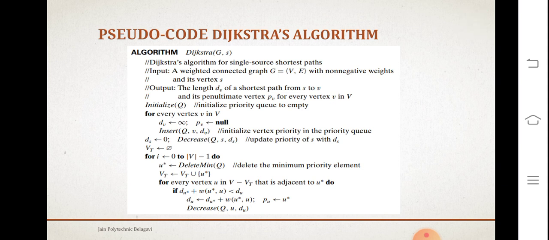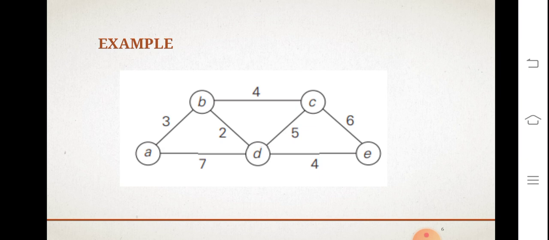as I said. Then for example, if you apply the Dijkstra algorithm for this graph, it consists of 5 vertices and 1 2 3 4 5 6 7 edges.